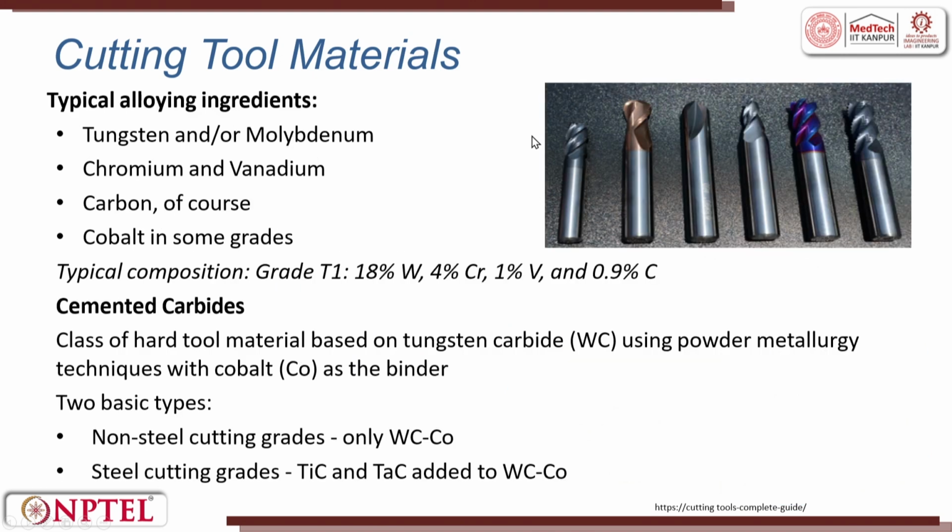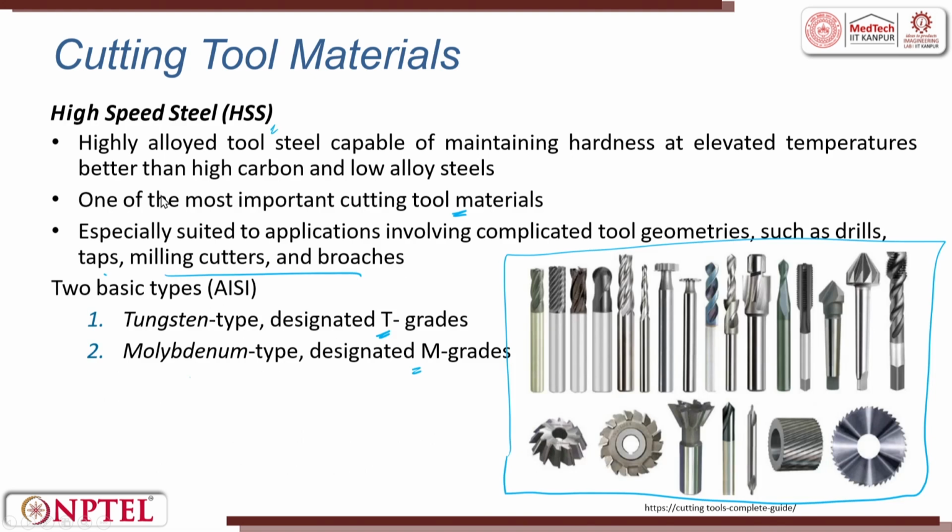These are all typically alloying ingredients. We have tungsten and molybdenum included, vanadium and chromium included, cobalt in some cases, and carbon of course. Okay, so let me redo it here. Two basic types are defined by AISI: the tungsten type, which is the T grade HSS, and the molybdenum type, the M grade HSS.